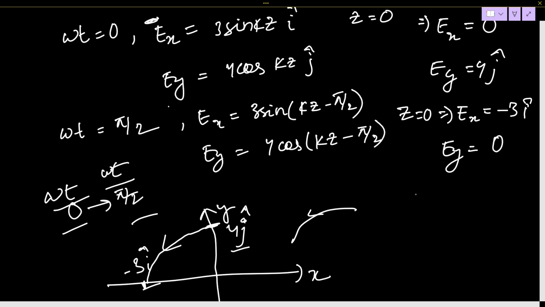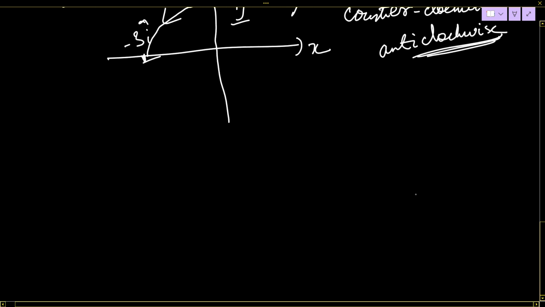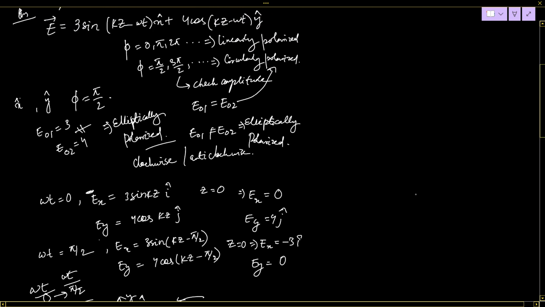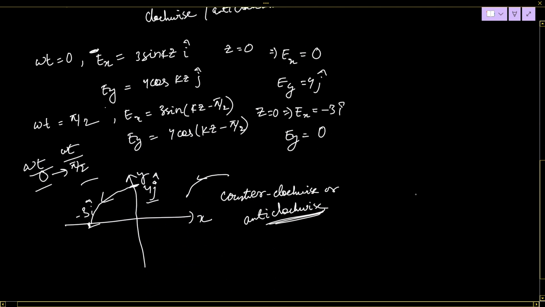This is the anti-clockwise, counterclockwise direction. So it is elliptically polarized in the anti-clockwise direction. All right, is it clear? This is the question, again a very good question. It can come for 2 marks.